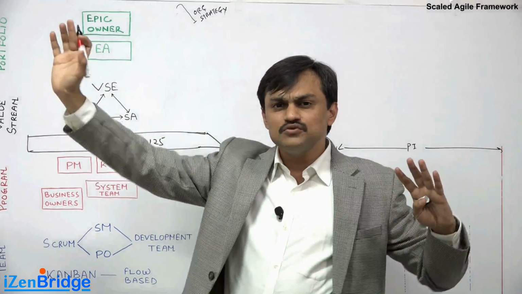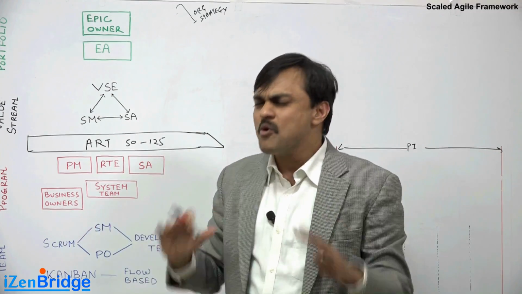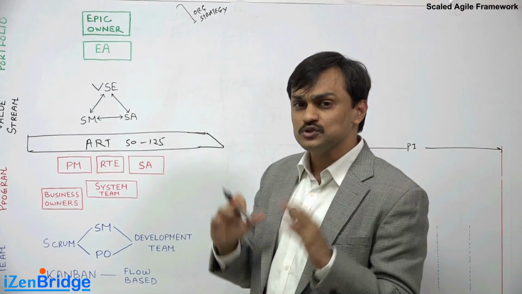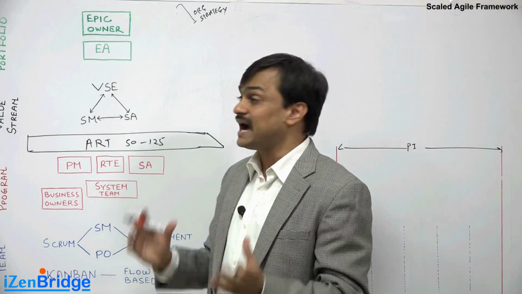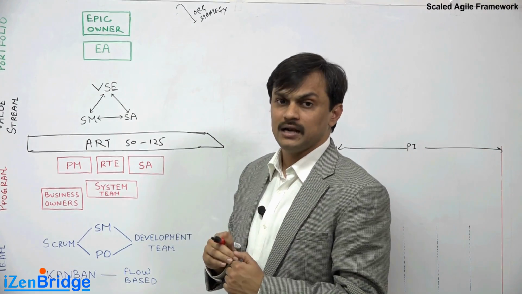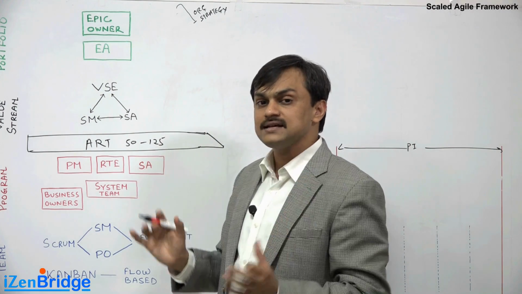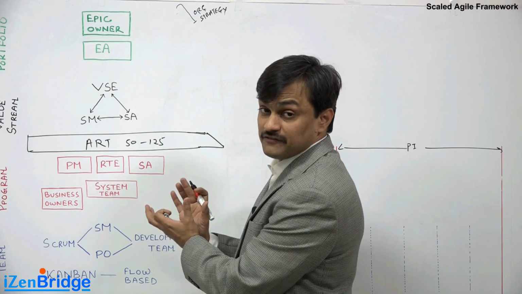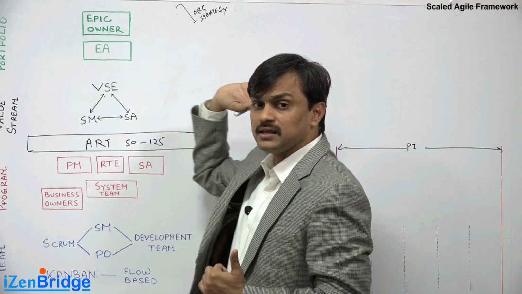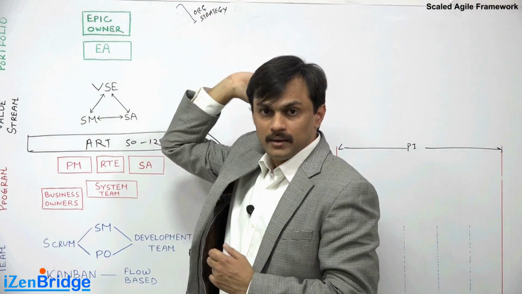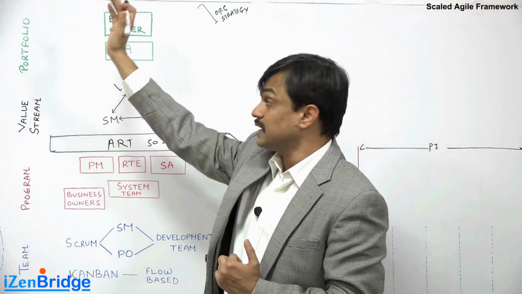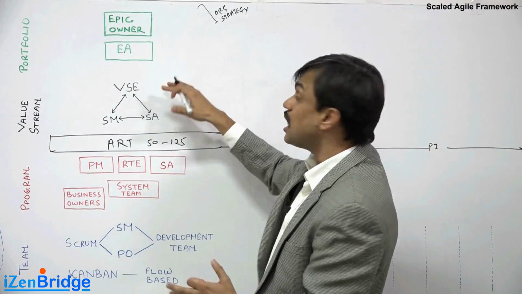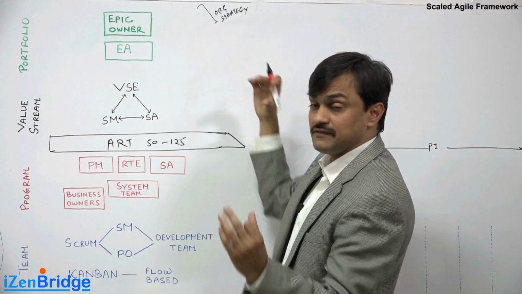In the next 2 years, we want to put everything on cloud. Mobile is coming, mobile is happening. These kinds of themes which the organization may be following guide the decisions at portfolio level. These themes and this guidance are not decided in this Scaled Agile Framework instance. They are decided somewhere outside, at a board meeting or at investor sessions or somewhere else, but they influence our big initiative evaluation.